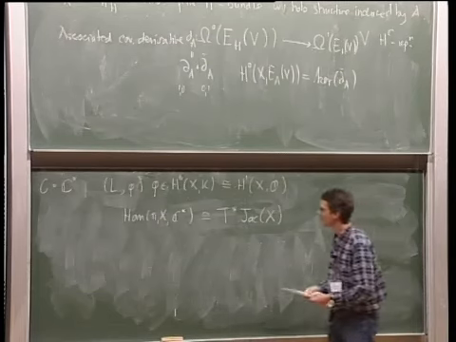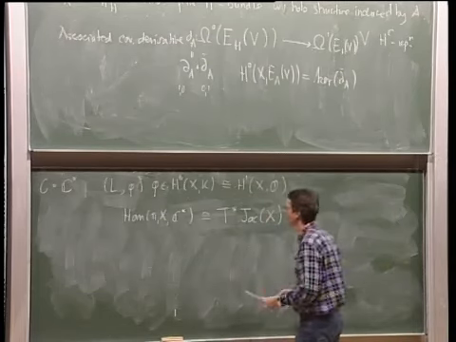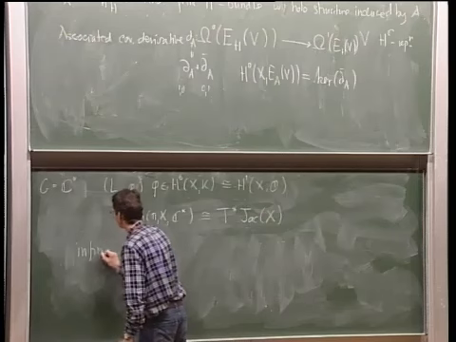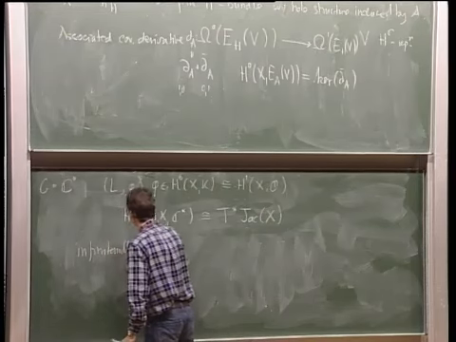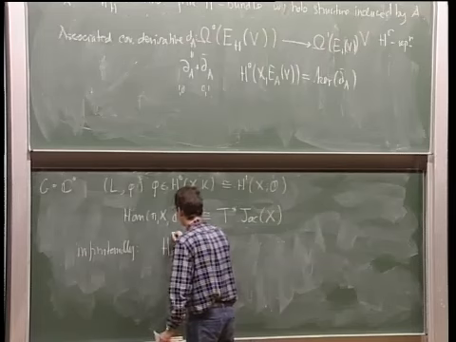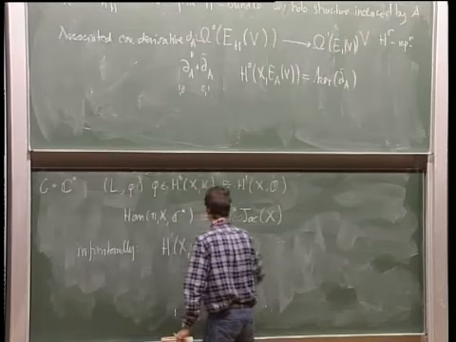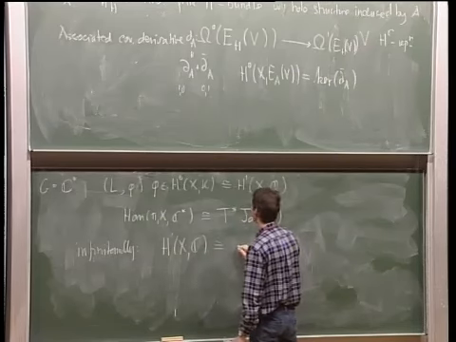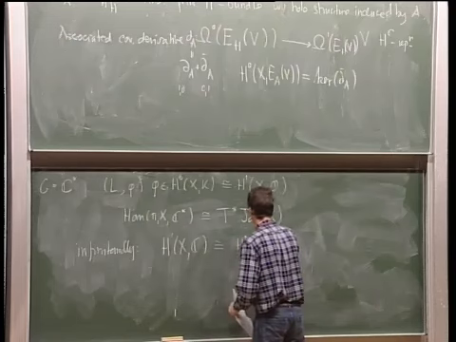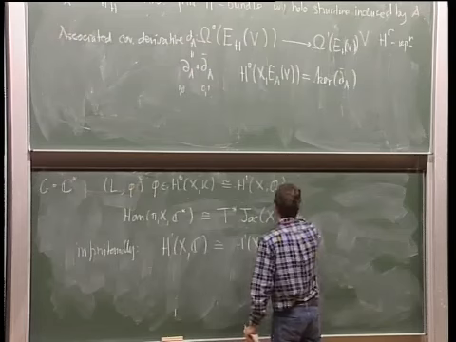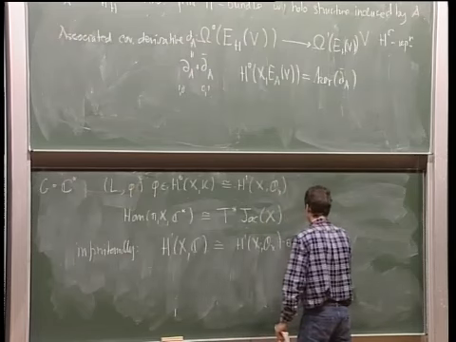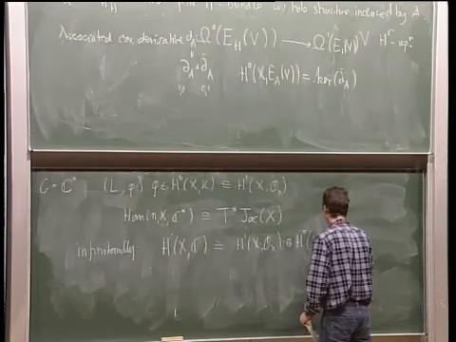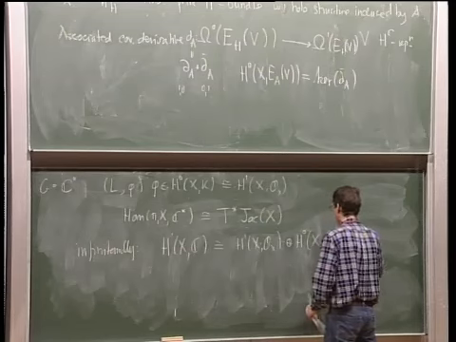Okay. And if we look at the infinitesimal version, what we have here is just the first cohomology of X with coefficients in C, and so here what we're getting is just H^1(X, O_X) plus the Higgs field which lives here in H^0(X, K).